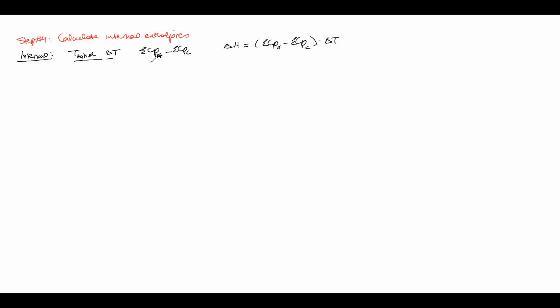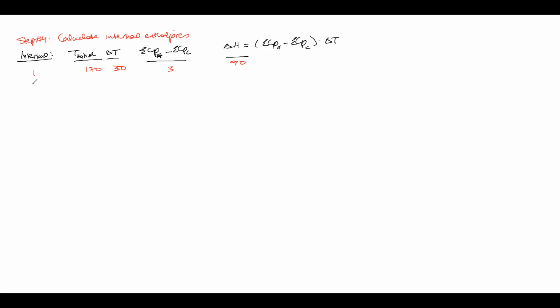Okay, and let's basically fill out all these parameters. Interval 1 was 170, this was calculated to be 30. 3 multiplied by 30 is 90.